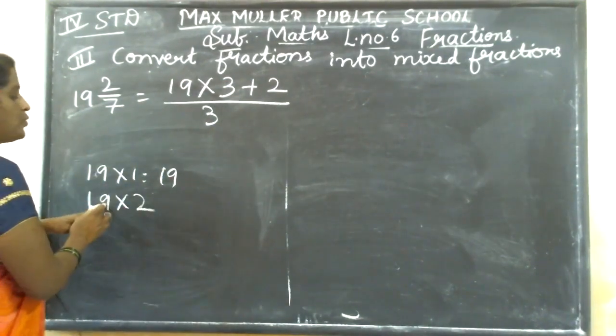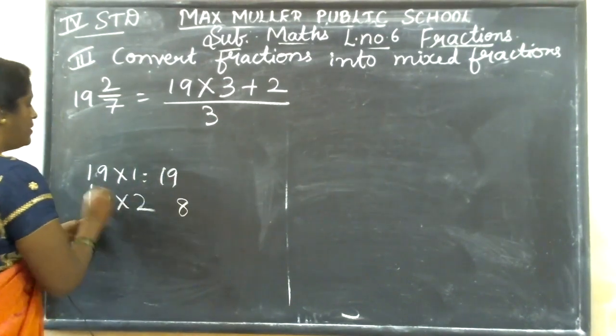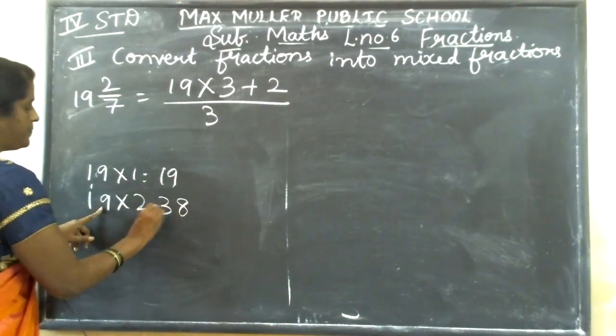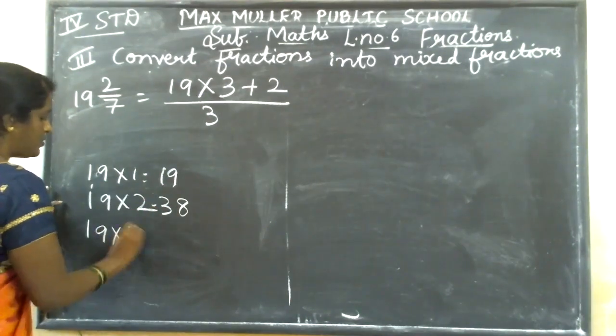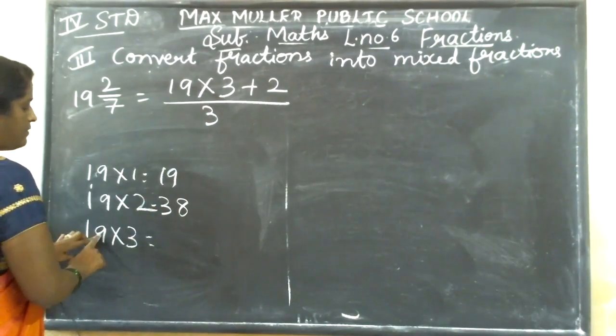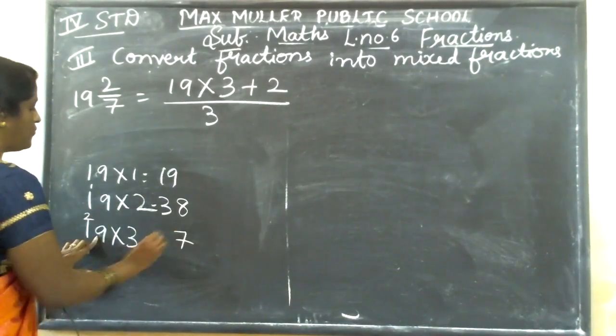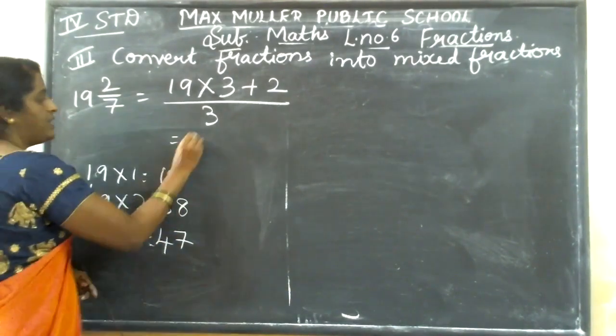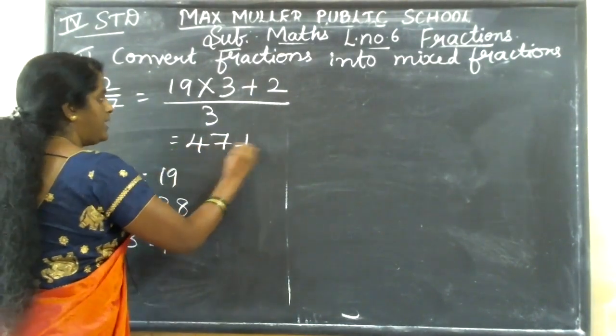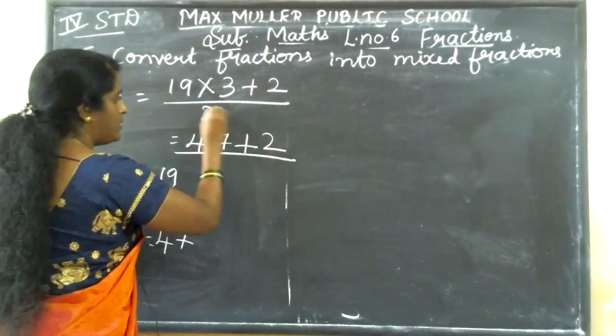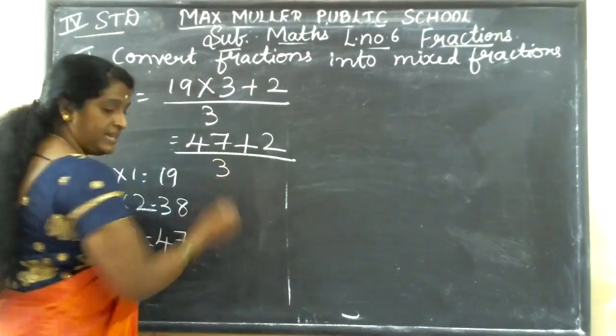See, 2 ones are 2, 2 nines are 18, 19 into 3. 9 ones are 9, 9 twos are 18, 9 threes are 27. 47 plus 2. The denominator will always be the same.